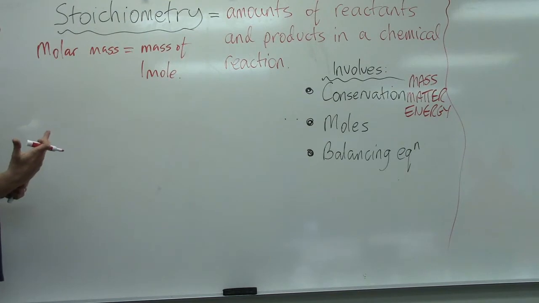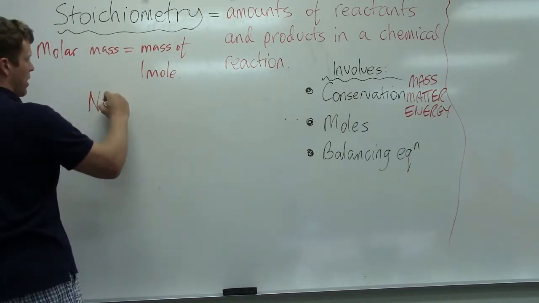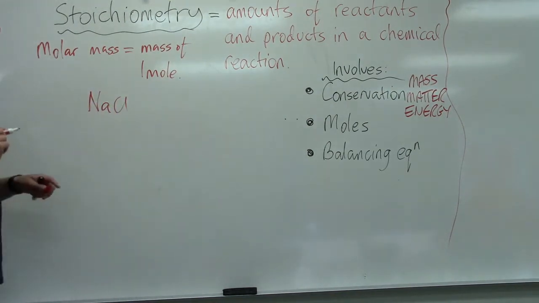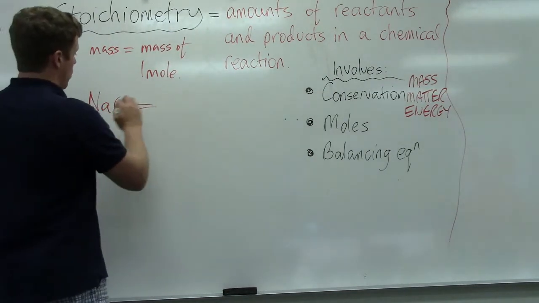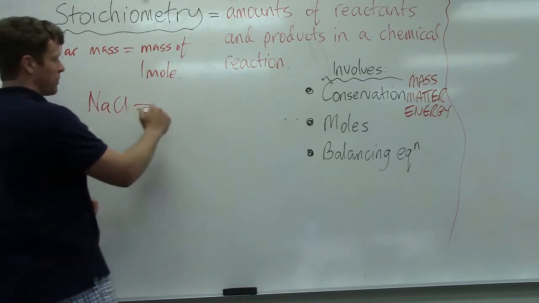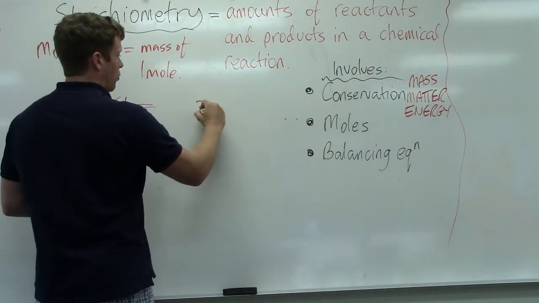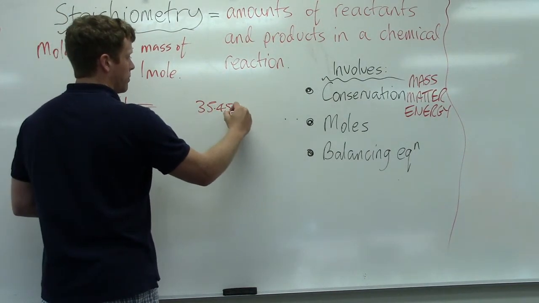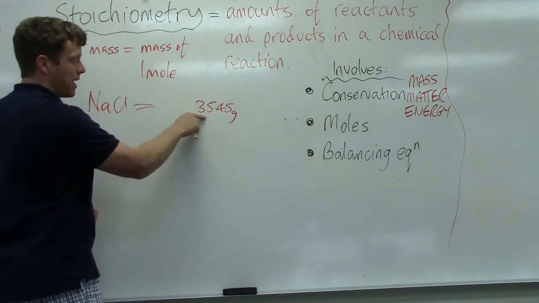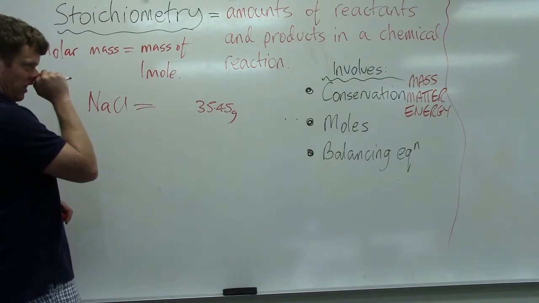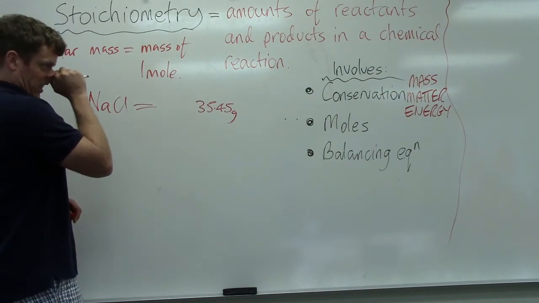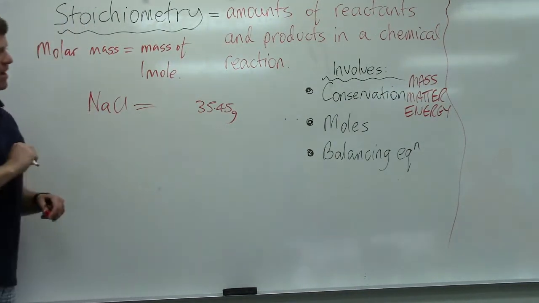Let's say that you have sodium chloride, and you wanted to know the molar mass, and you wanted to weigh out 1 mole. Well, then you'd look up sodium and chlorine on the periodic table. Chlorine is 35.45 grams, so 1 mole of it would weigh that many, and sodium is something, I can't remember off the top of my head, that's embarrassing.